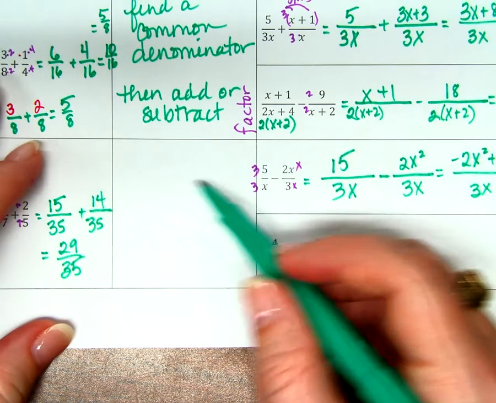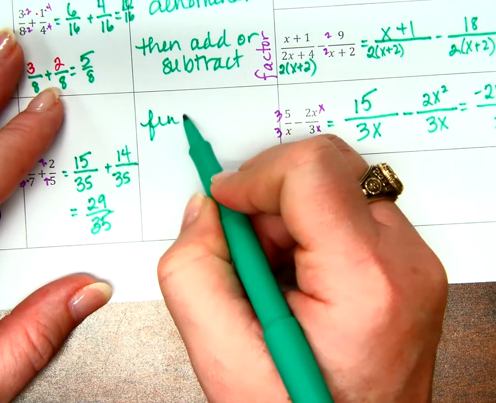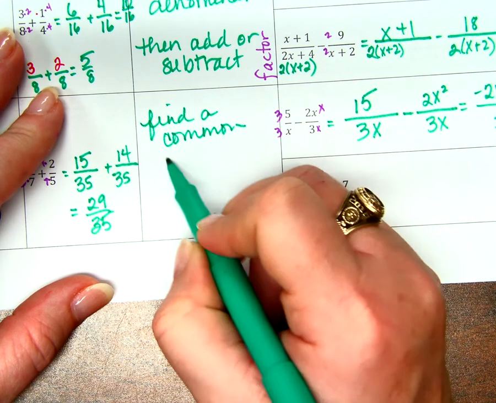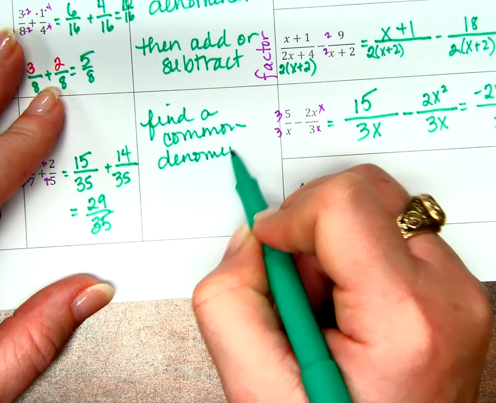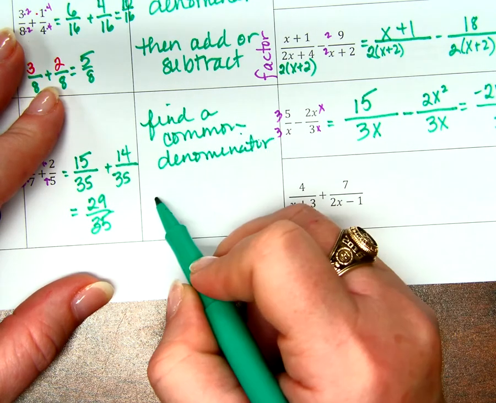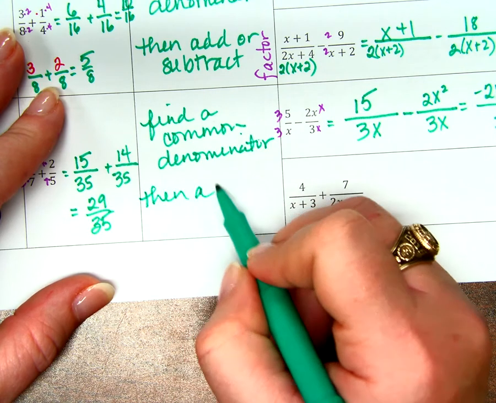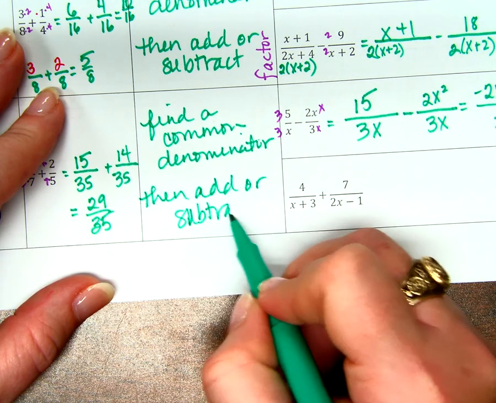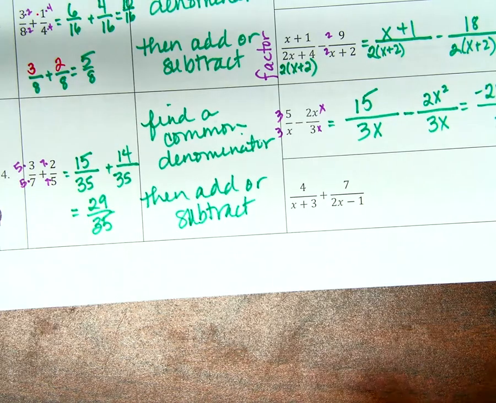We forgot to write our steps. What are our steps? Find a common denominator. Then add or subtract. Excellent.